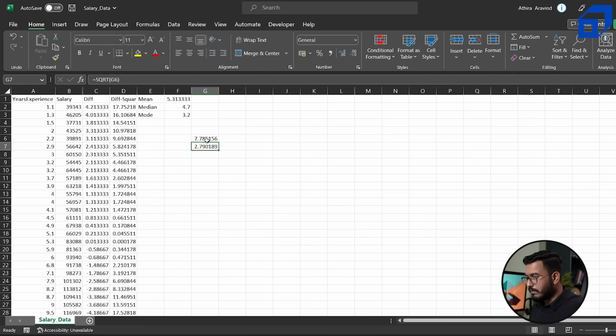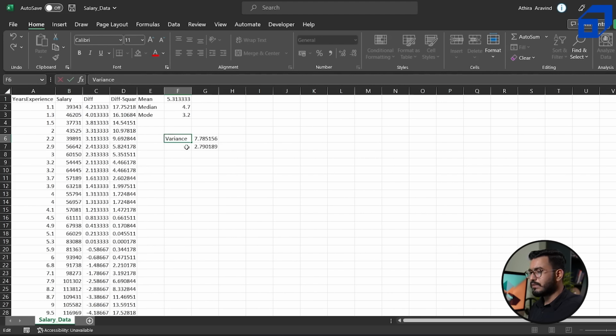Now the higher this number, the data has higher variance. The lower this number, the more the data points are concentrated around the mean. Remember this particular number that we derived first is known as variance.